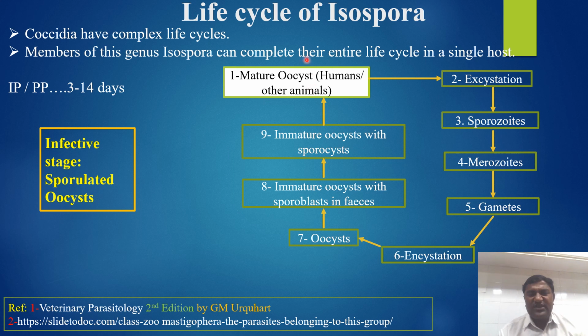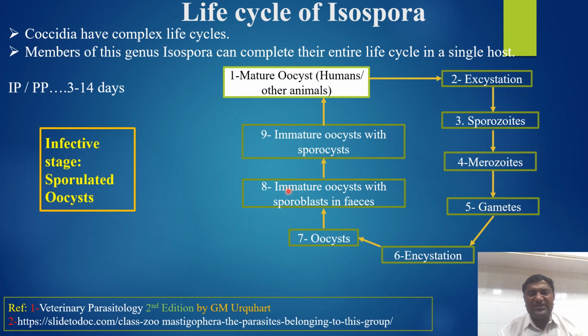This is the mature oocyst that is present in humans or other animals, and then it undergoes excystation. As a result of this excystation, the sporozoites are produced. These sporozoites change into merozoites, then the merozoites change into gametes, and then fertilization occurs and it changes into the oocyst.